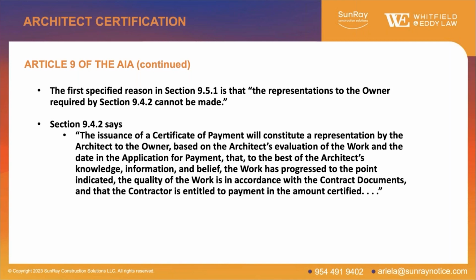So if the work's defective in whole or in part, and you've requested 50% completion for it, the architect could withhold certification on that entire line item if the architect's position is that the work's defective and needs to be torn out and redone. And then finally, that the contractor is entitled to payment.